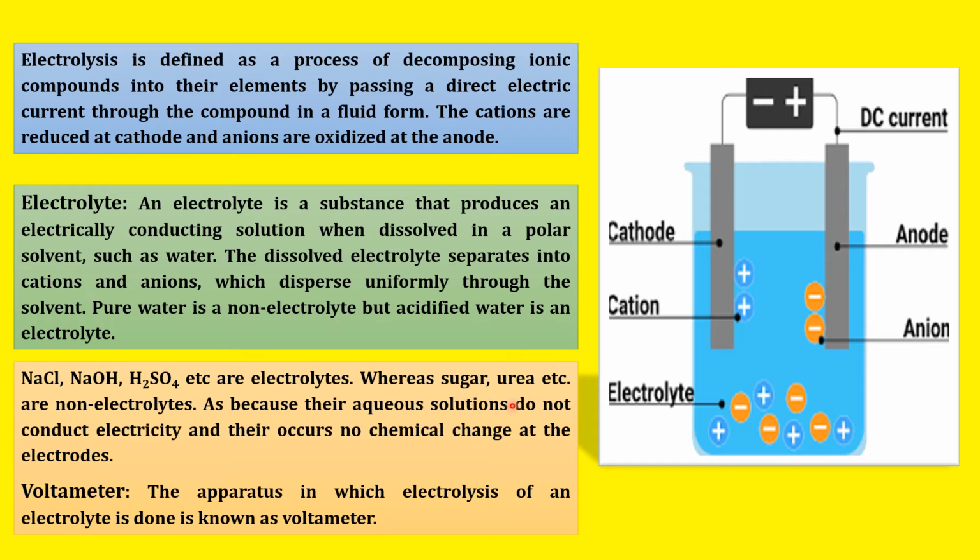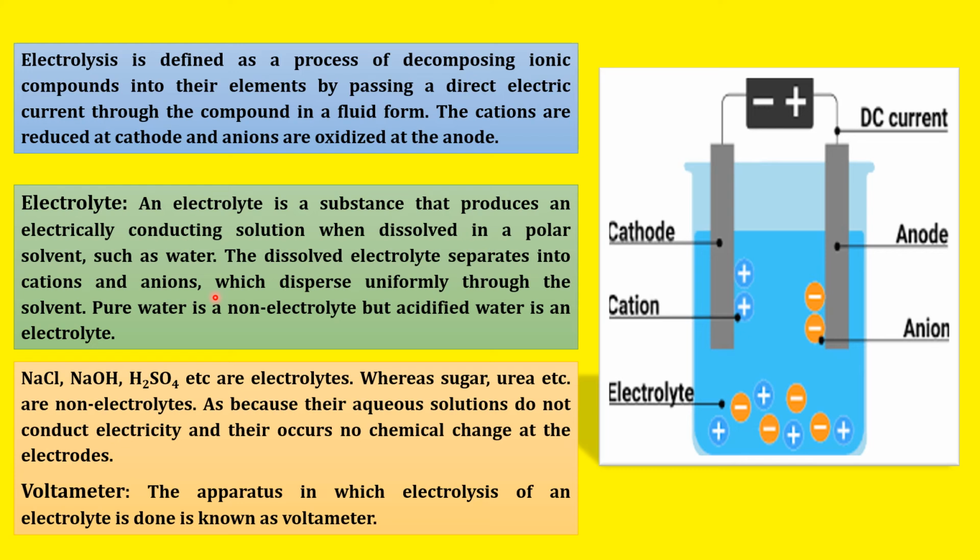Whereas sugar, urea, etc. are non-electrolytes because they couldn't dissolve into ions. Their aqueous solutions do not conduct electricity and there occurs no chemical change at the electrodes. So here we have discussed the definition of electrolysis, the voltameter, the electrolyte, examples of electrolytes and non-electrolytes, and why they are called so.